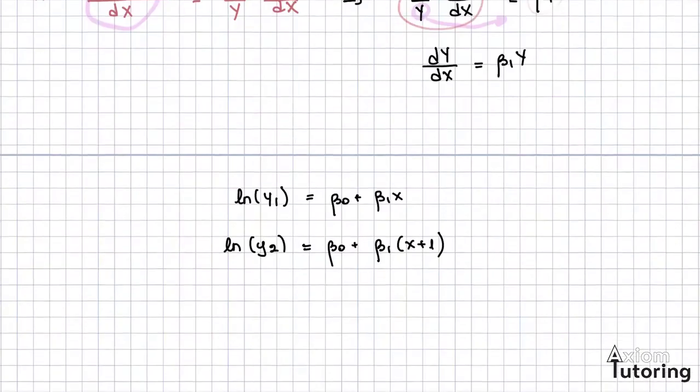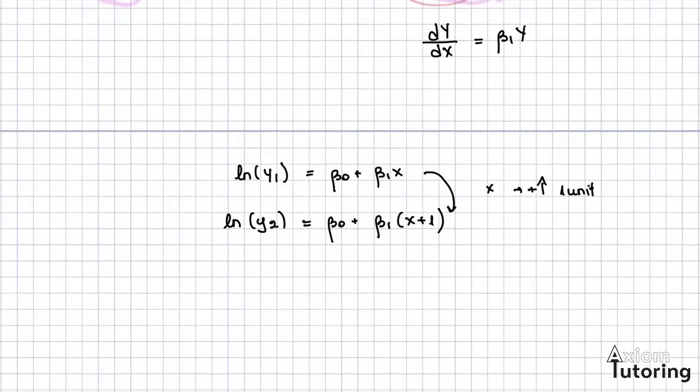So from here to here, x has increased by 1 unit. Let's see what happens to the ln. If we subtract both, we get ln y2 minus ln y1 equals simply beta 1, because normally you would have x plus 1 minus x, and x would cancel out, so it would just remain as a beta 1.